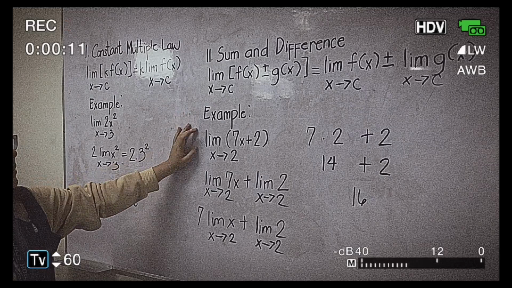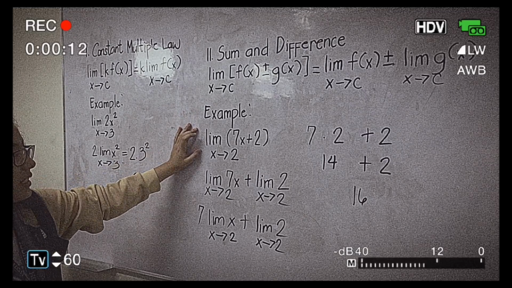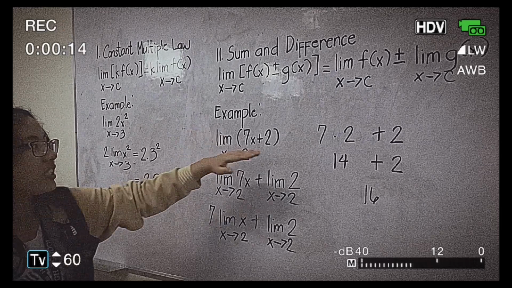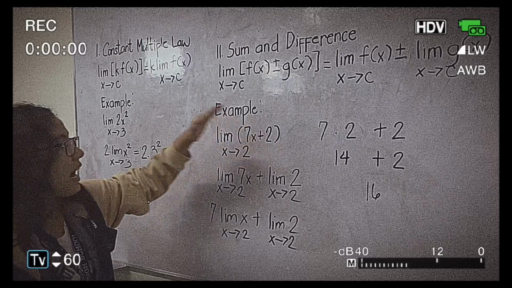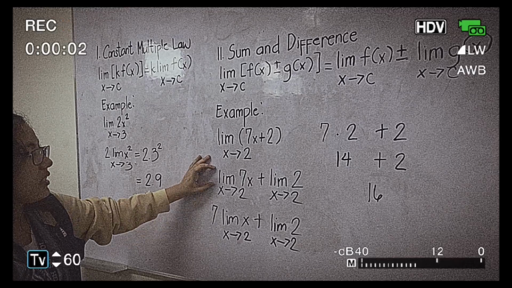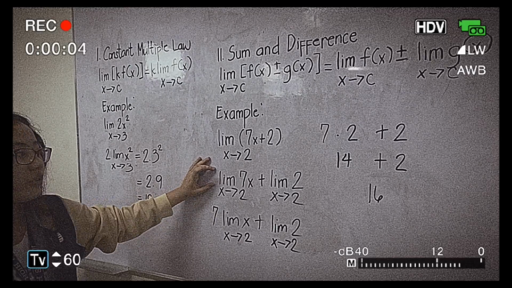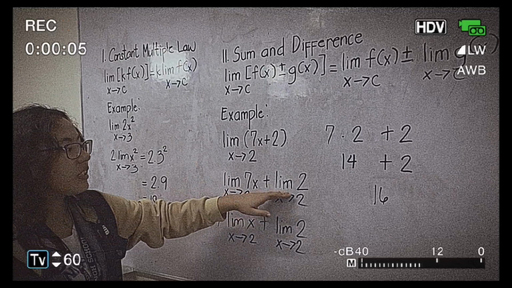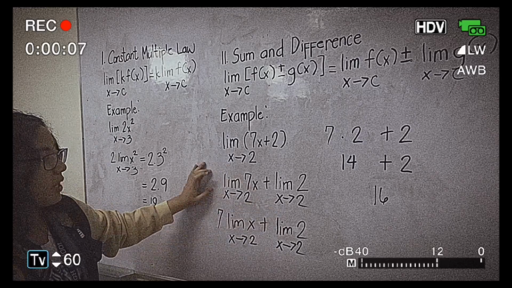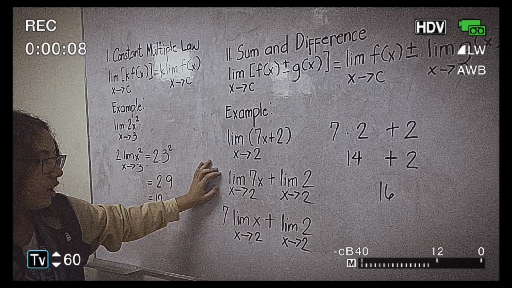We have here an example. Limit 7x plus 2 as x approaches 2. The first thing that we have to do is separate the terms by adding the limit term. So it will become like this: limit 7x as x approaches 2 plus limit 2 as x approaches 2. Now let us apply the constant multiple law.